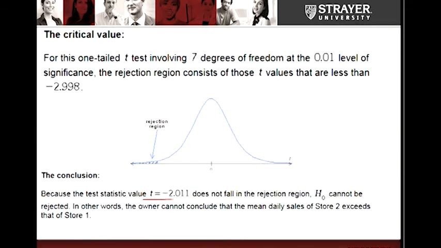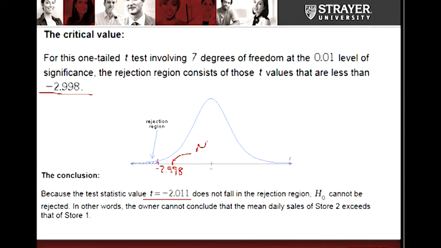So our test statistic was negative 2.011. Our critical t was negative 2.998. So here is the rejection region at negative 2.998. But our t was over here at negative 2.011.